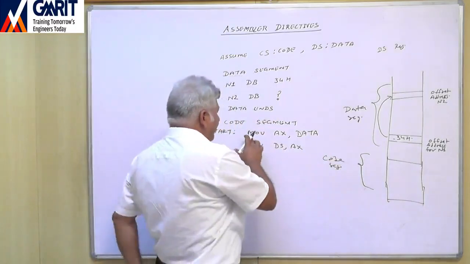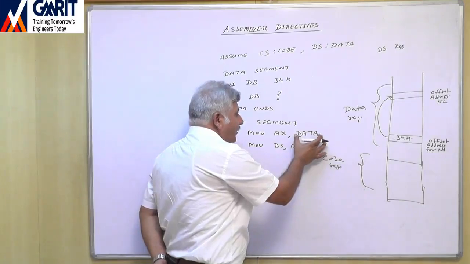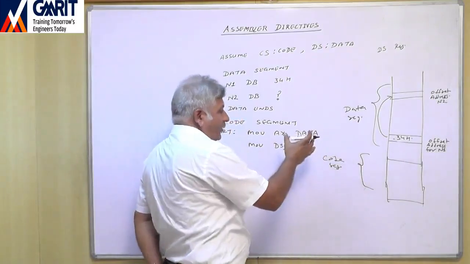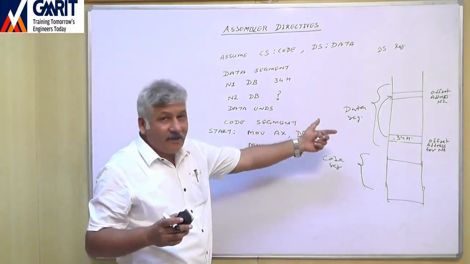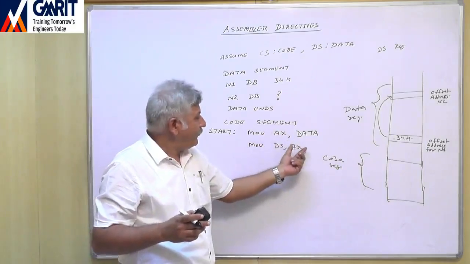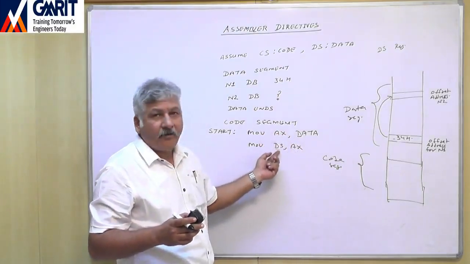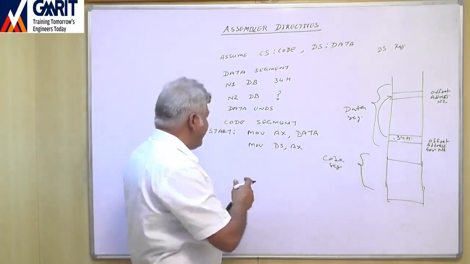So for that I have written the instruction MOV AX, data. This data will store the 16-bit address of my data segment in AX, and then from AX I will transfer it to DS. So DS has been initialized.